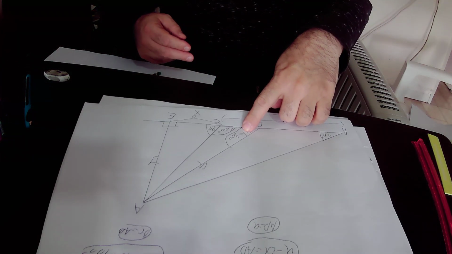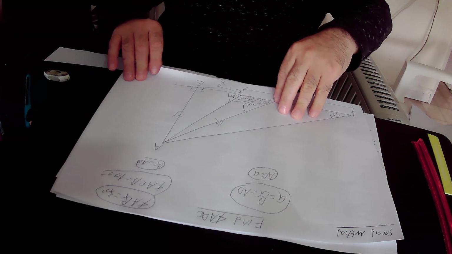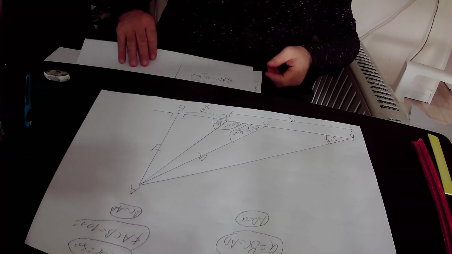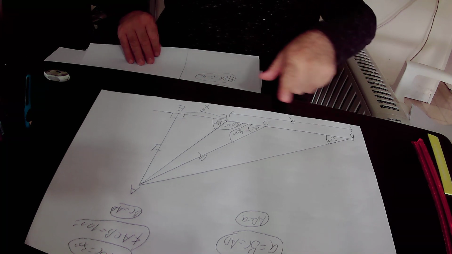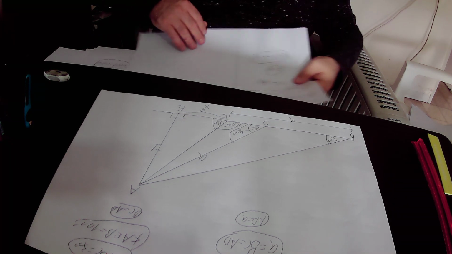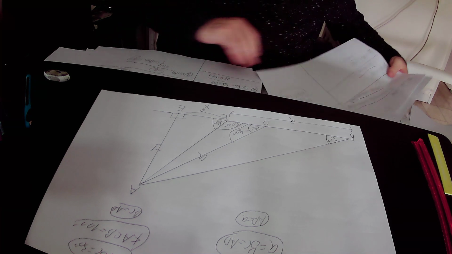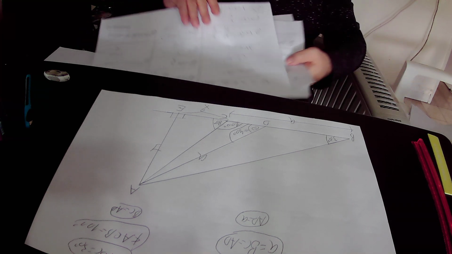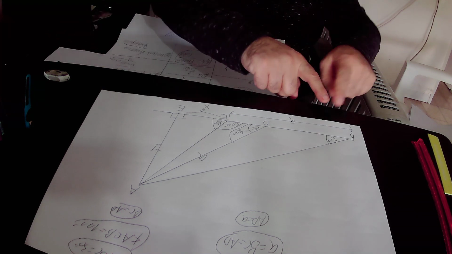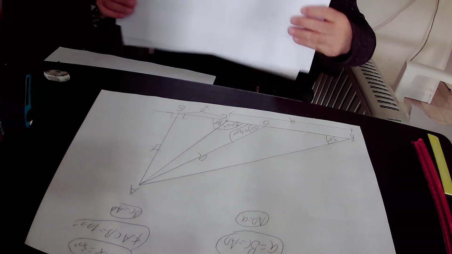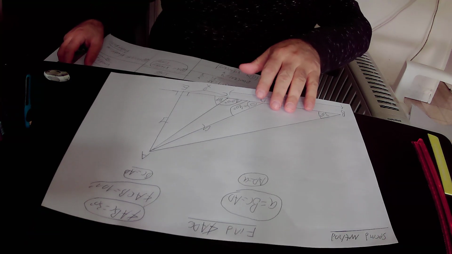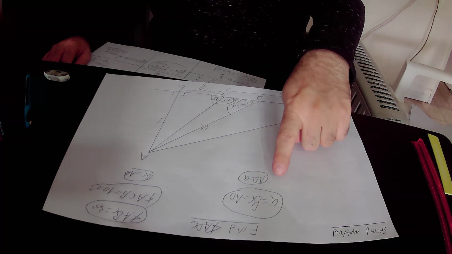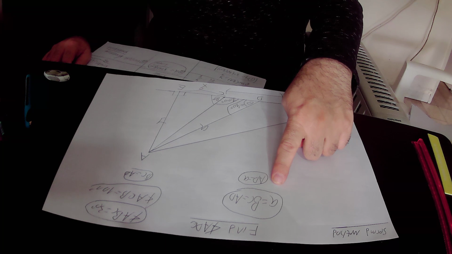Then I presented to you how to find the value of angle ADC according to the second method. In the second method, we defined BC as A. So BC equals A according to our definition, but according to what is given in the question, we know that BC equals AD.